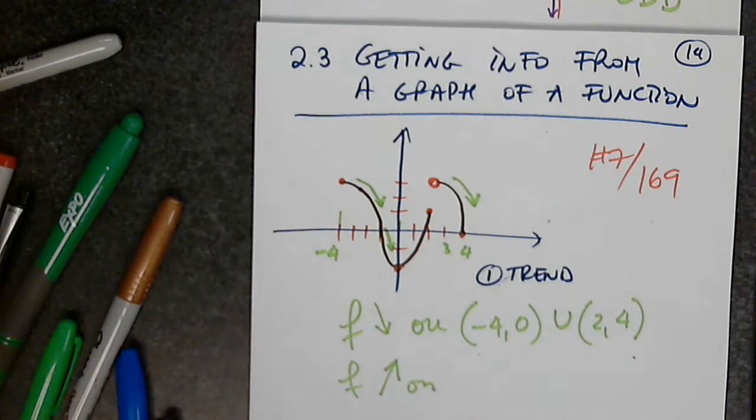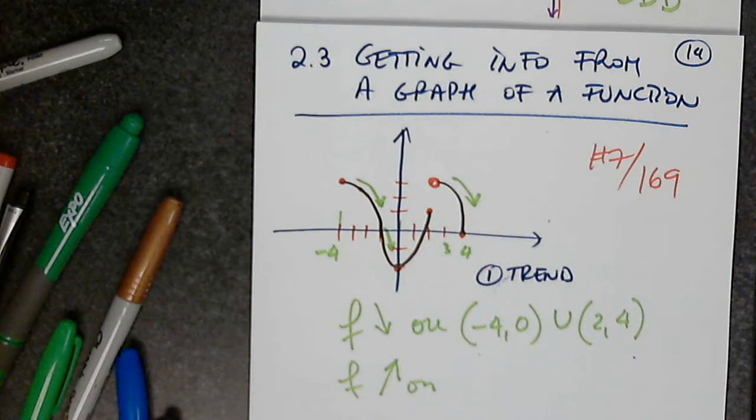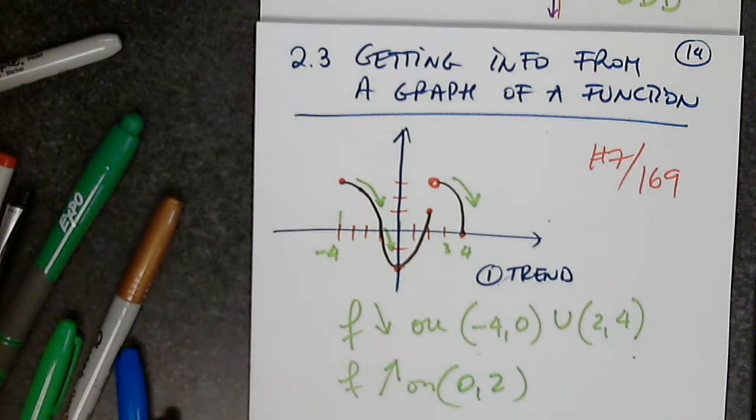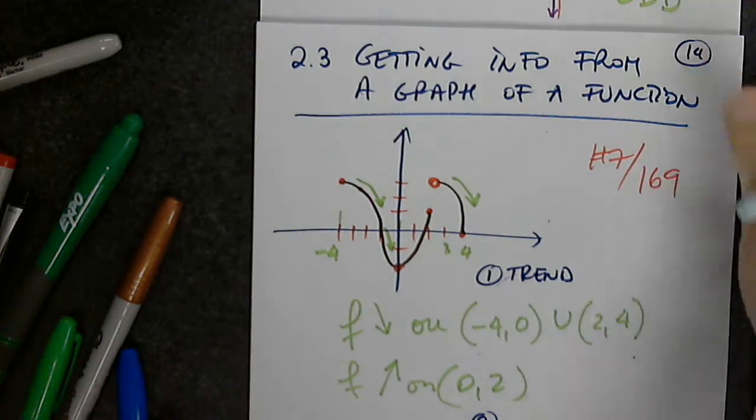So when I'm asking the question, where is the function increasing or decreasing, you're only giving us when, not from what to what. So you will say the function is increasing from 0 to 2. Only when.